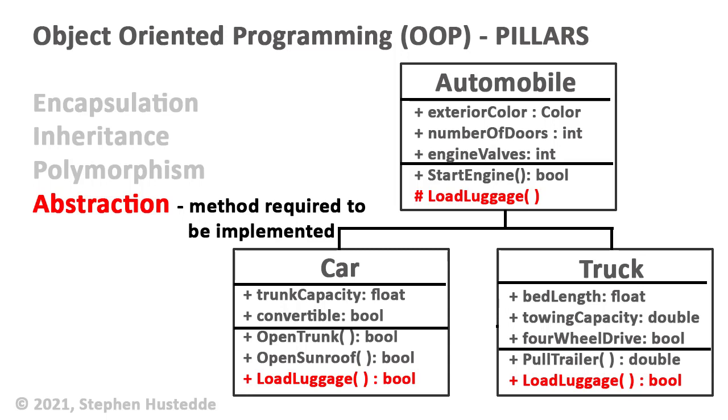And in abstraction, then, we're required to create that load luggage method and implement it in each of the child classes or the subclasses. So in load luggage in a car, the methodology for that might be different than loading luggage in a truck. In a car, loading luggage probably means putting it into the trunk of the car. Could be putting it on top of the roof. In the truck, that might mean loading the luggage into the bed of the truck.